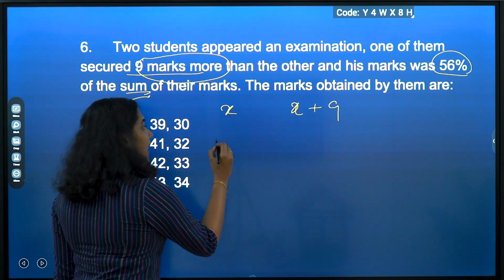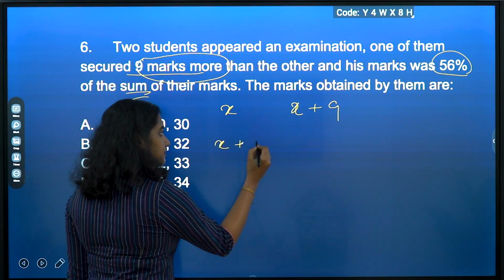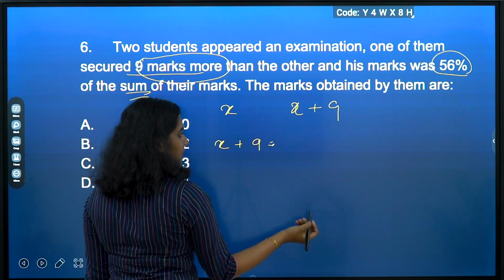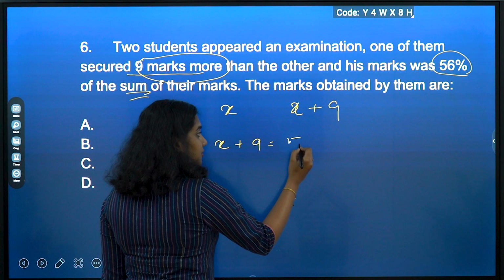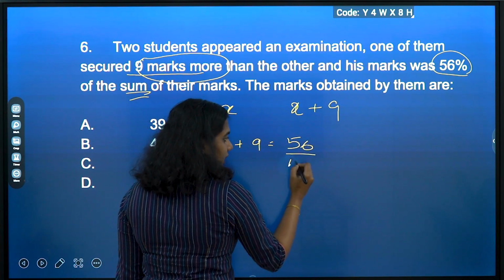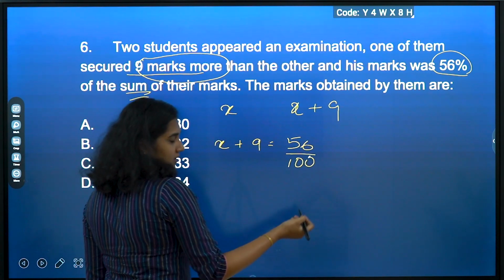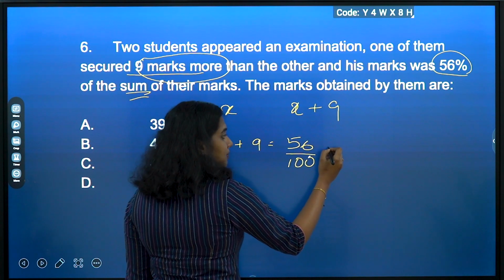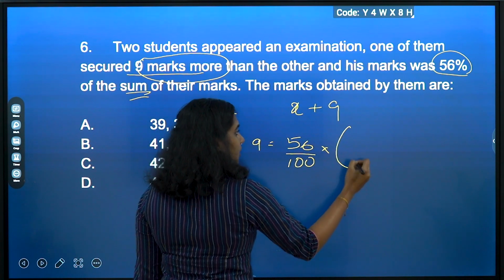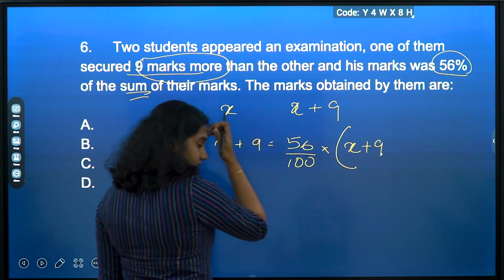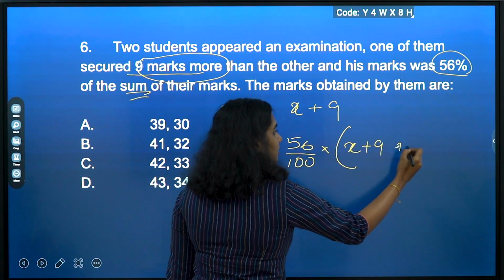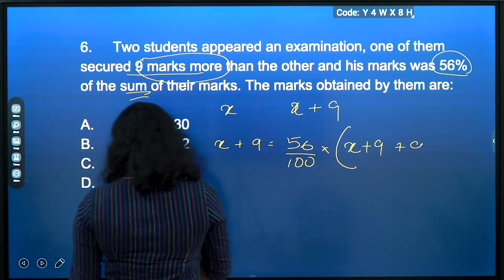That means X plus 9 is equal to 56%. How will you write 56%? 56 by 100, okay? This is how you will write 56% in fraction. So 56 by 100 into X plus 9, this is the mark of one student, plus the marks of the other student.